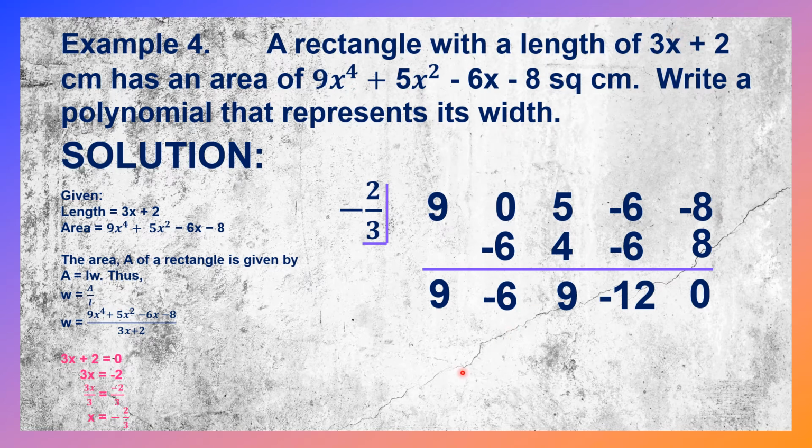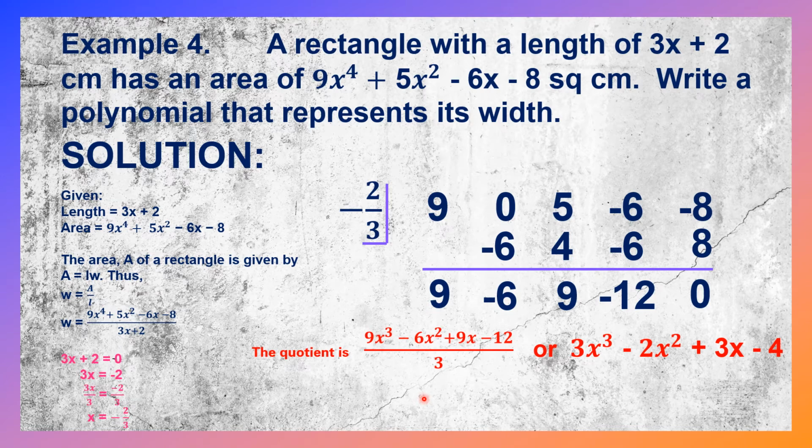So we have now, just copy 9x cubed minus 6x squared plus 9x minus 12. Then, divide by the denominator of our divisor, which is 3.